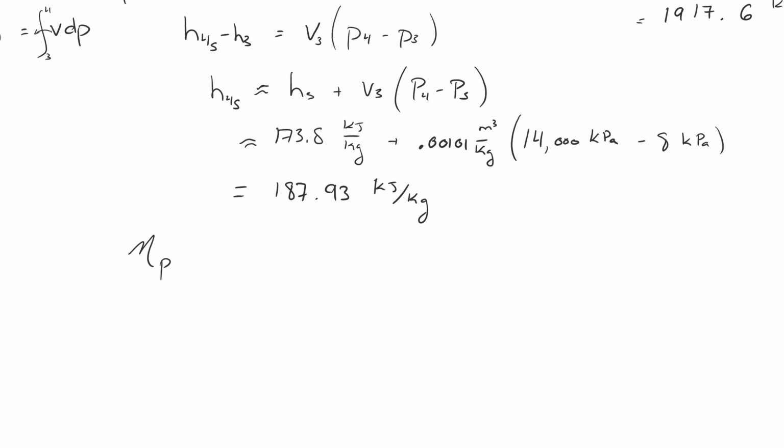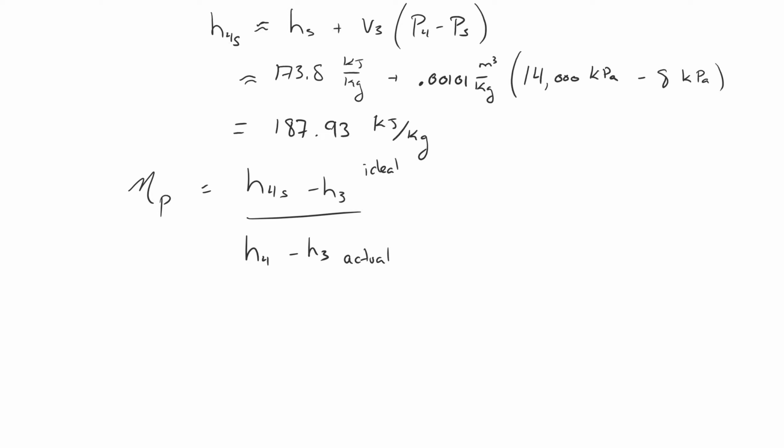Now my isentropic pump efficiency is defined differently than what we do for turbines. Again, the bigger value or the bigger difference needs to be in the denominator. Okay? So this is now ideal over actual.